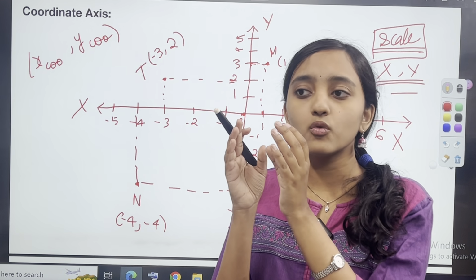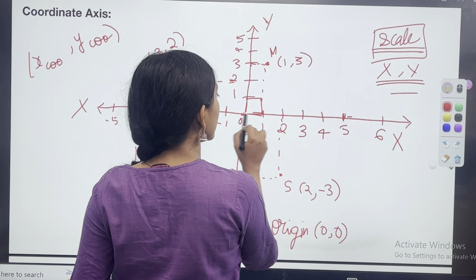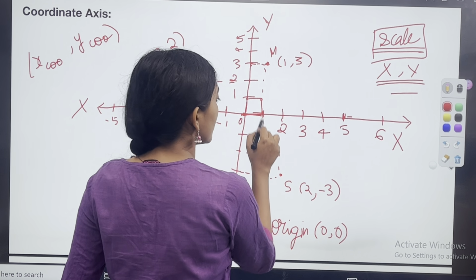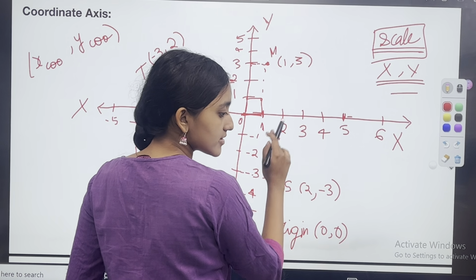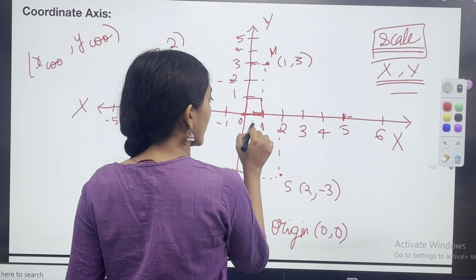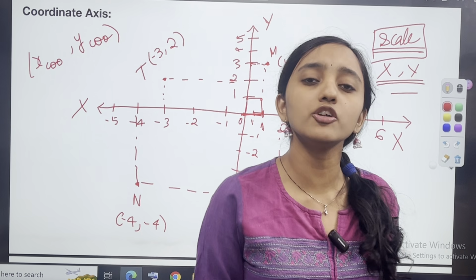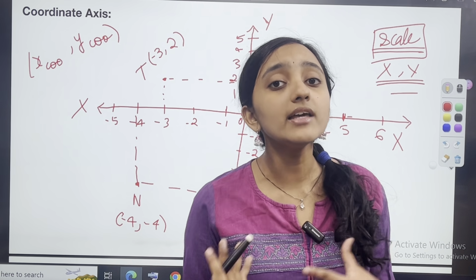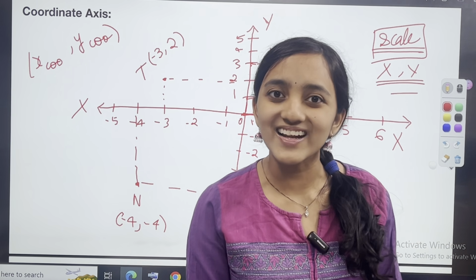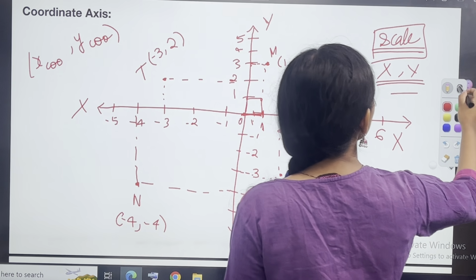For example, if this box is here and between each box you're putting one number, then it is 1 centimeter is equal to 1 unit. For example, if you are saying this is 1, then accordingly you must change the scale. Okay, I'm sure you've done this in your school as well. Please go back and check what you've done in your graph paper so that you have a better understanding. Okay, now let us go to the next part.